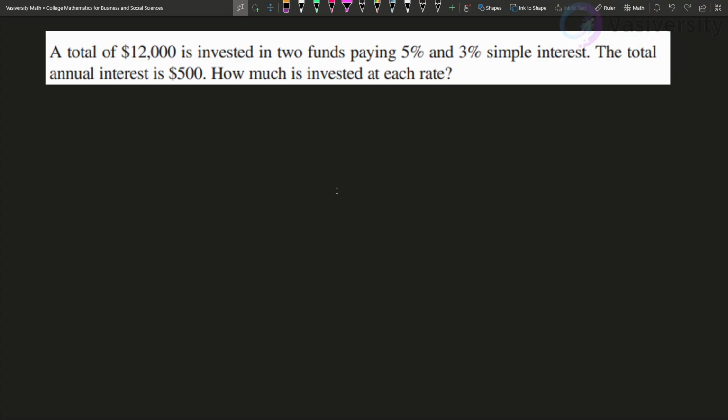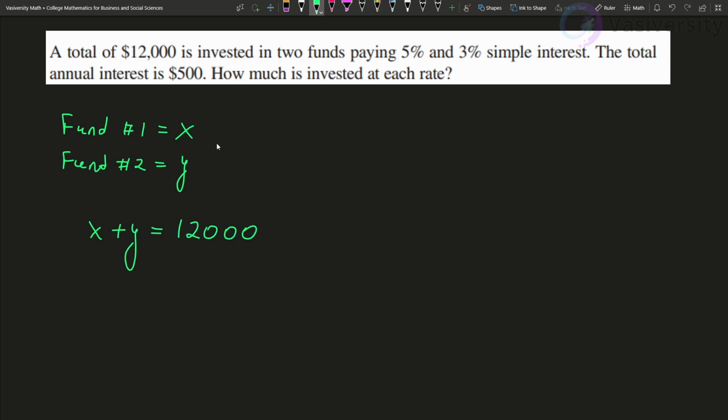Okay, so we know that we invested into 2 funds in total of $12,000. So I'm going to say that we have 2 funds, right? Fund number 1 is going to be X. Fund number 2 is going to be Y. So what do we know? We know that X plus Y is going to be equal to $12,000. Okay.